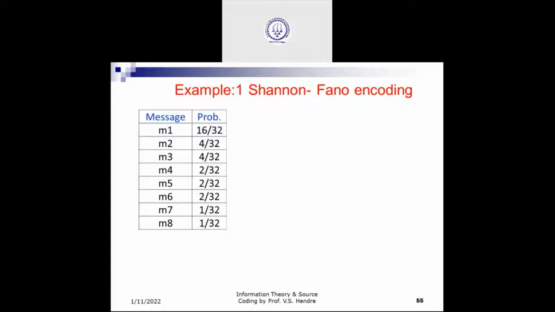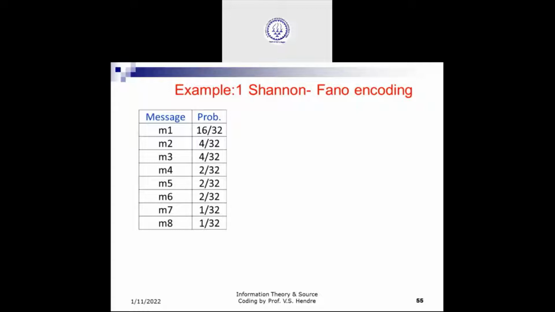Apply the Shannon Fano encoding algorithm and find out the efficiency of the code. Efficiency we have already defined earlier: it is the ratio of entropy upon average code word length. So you need to find the entropy and the average code word length, and then you will get the efficiency of this code.